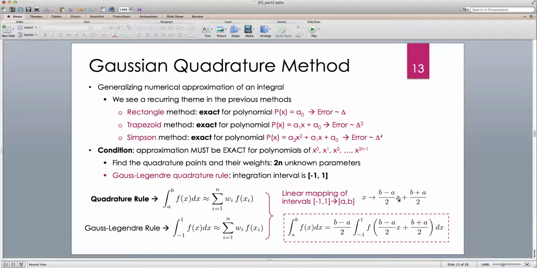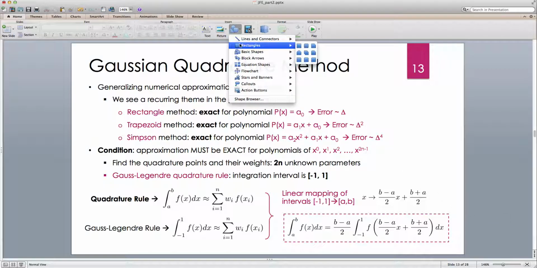If I put x equal to -1 here, it gives me the start point, which is a. If I put 1 here, it gives me the end point, which is b. And it's a 1-to-1 linear mapping, and the integral from a to b of f(x) dx becomes (b minus a)/2 times the integral from -1 to 1 of f of this whole thing dx.